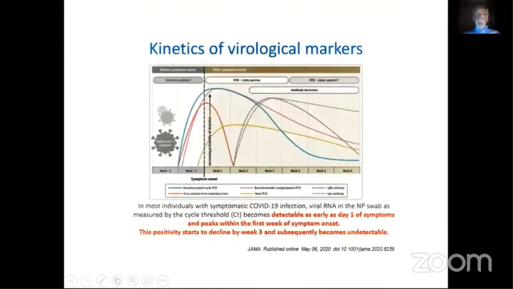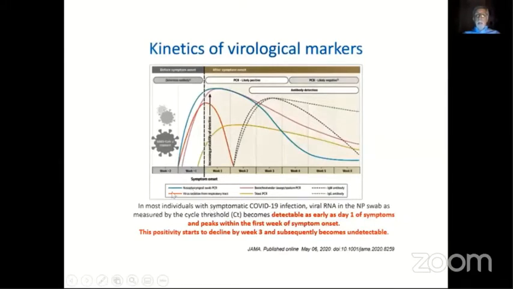This is really important to know the kinetics of virological markers to understand when is the best period to detect this virus. You see that this is the contact on the left with the virus. It is really very important. This is the symptoms onset.